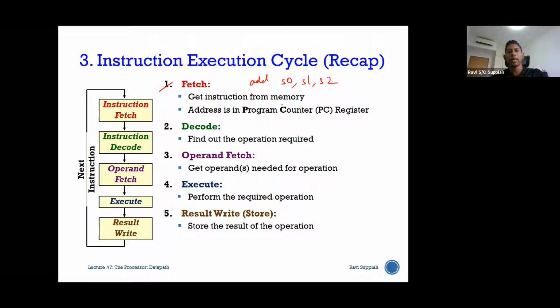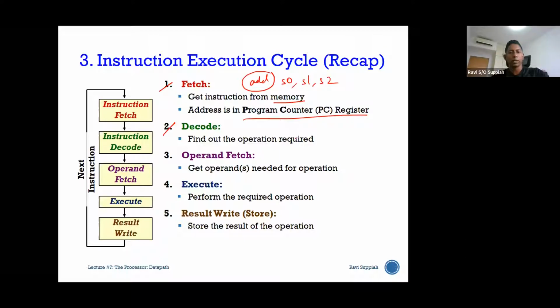Of course, where it is in memory is already specified by my program counter register. After I fetch this instruction from memory, I need to decode. Decode means I need to know that I am supposed to do an add operation here.